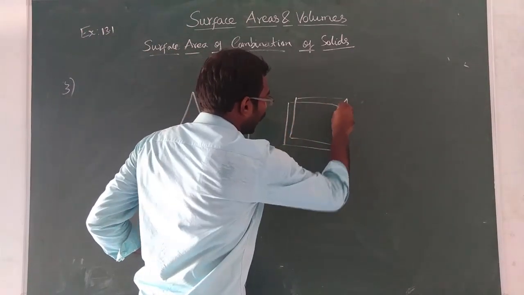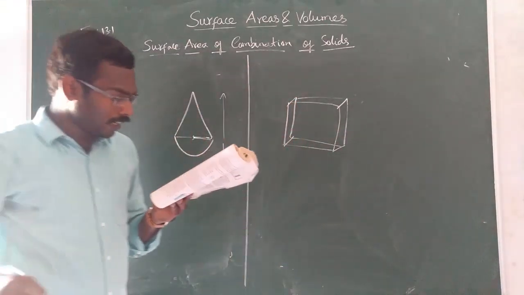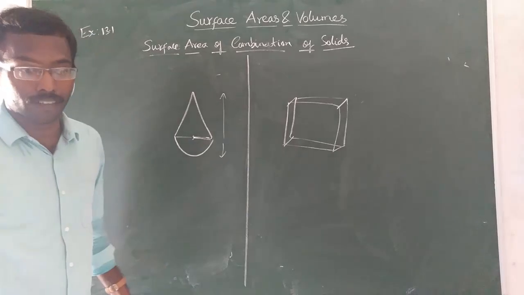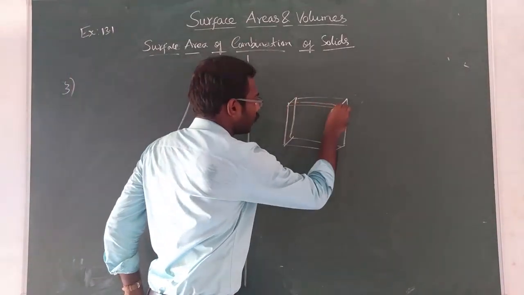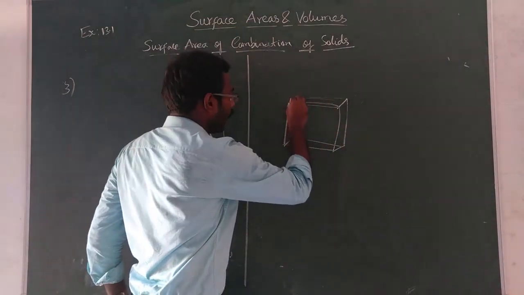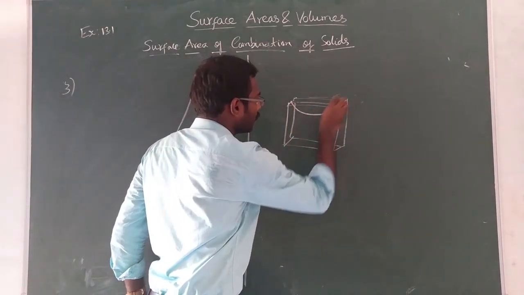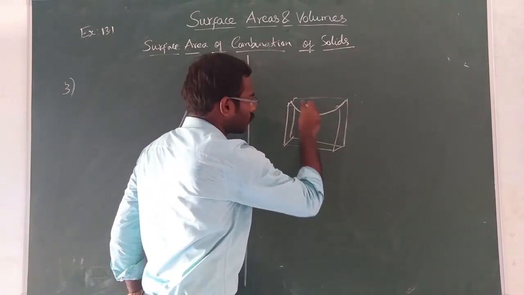From that, a hemispherical depression is cut. Depression means you are digging. Imagine it like this. This is the cube. On one side of the cube, you made a hemispherical depression like this. This much you took out.